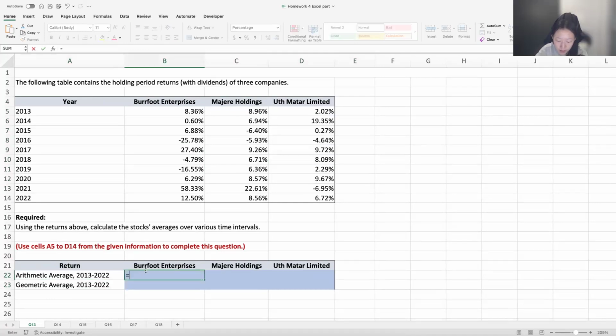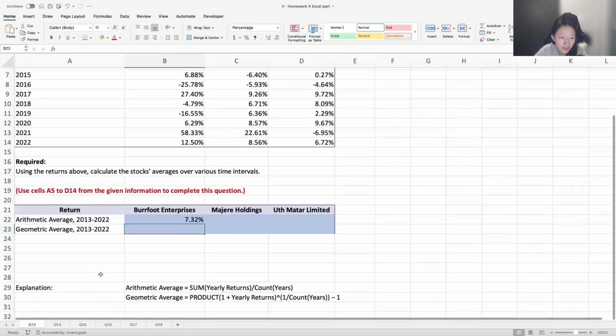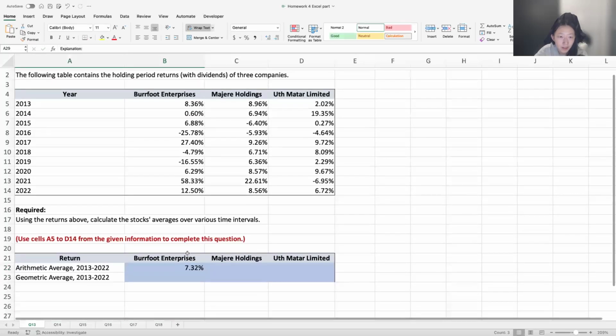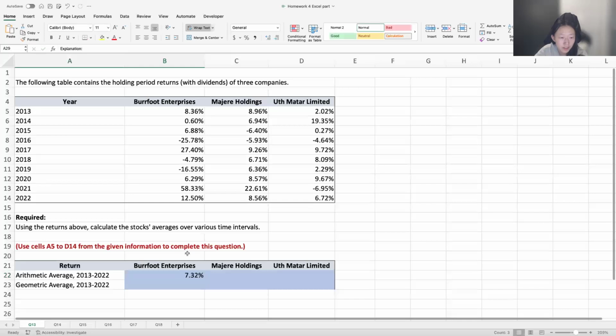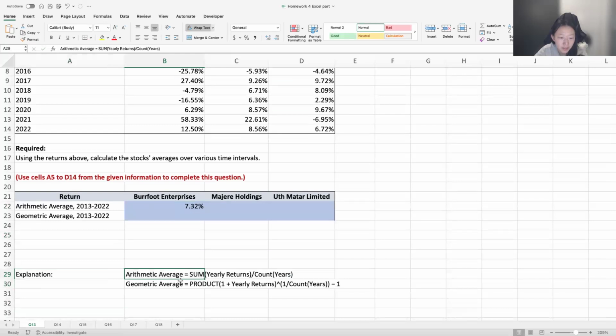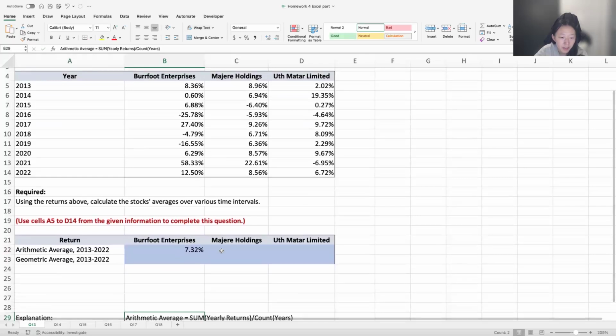For arithmetic, simply it's the return average going down. And in case you don't know, I already gave out the formula. If you have really looked into this Excel file, scroll it down, and here will be the hint for each of the Excel formulas.